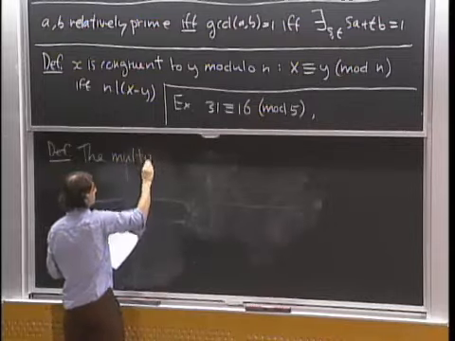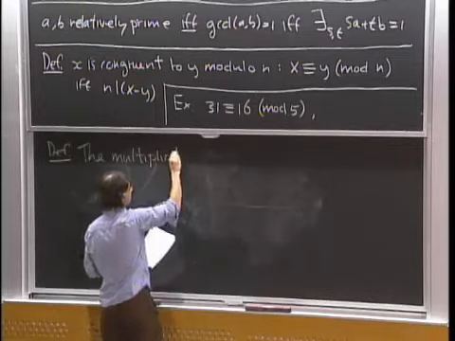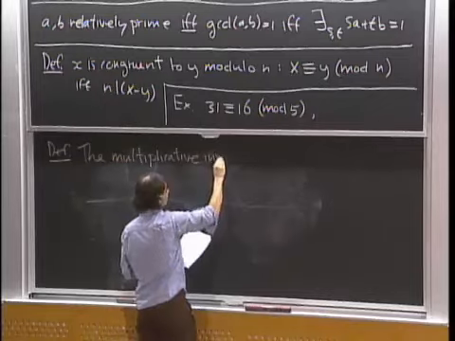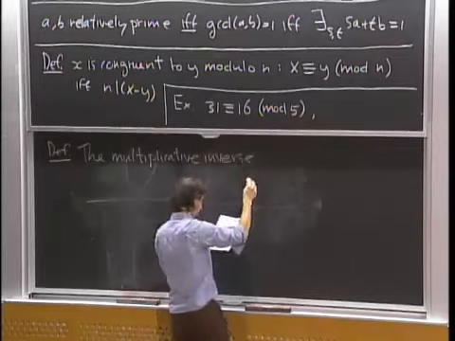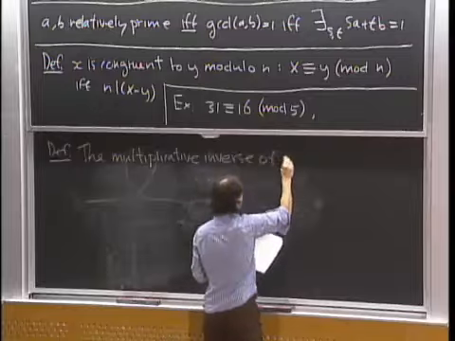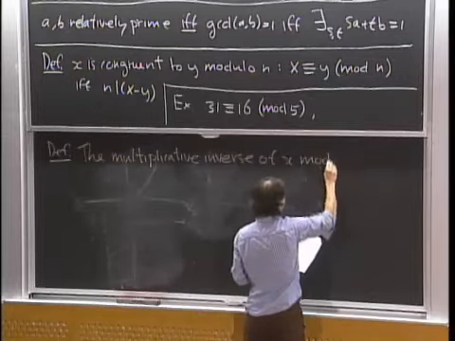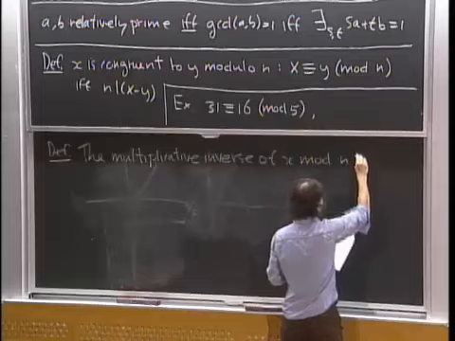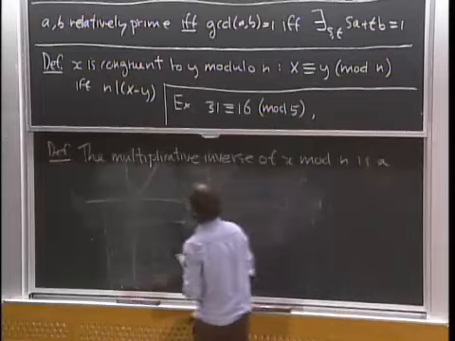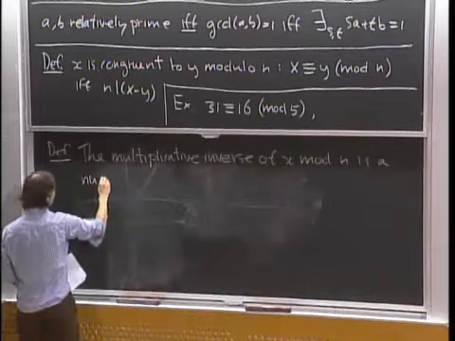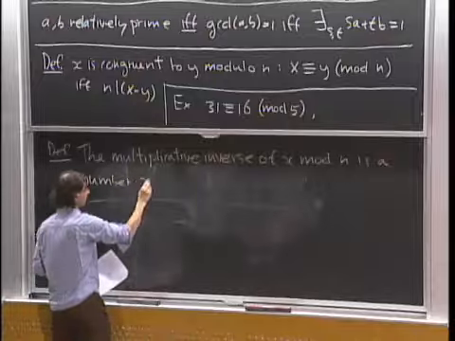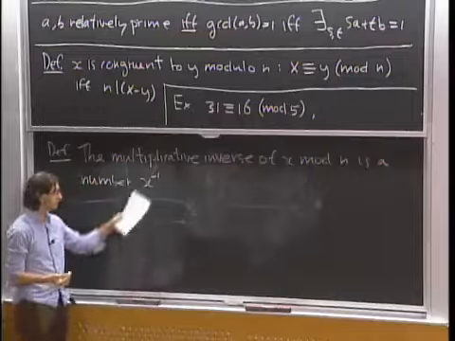So the multiplicative inverse of X modulo N is a number which we denote by X and then minus 1 on top of here.